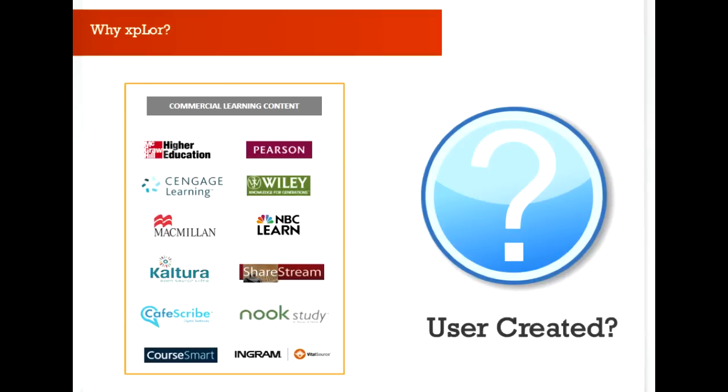So this is an example of combining resources, and rather than building individual learning object repositories for each platform, building one that sits up in the cloud and can work across platforms. That's why this has come very quickly in terms of learning object repository development, because we're able to tap into it. The XP in Explore stands for cross-platform. The idea is that it sits in the cloud, and it can work across different platforms.